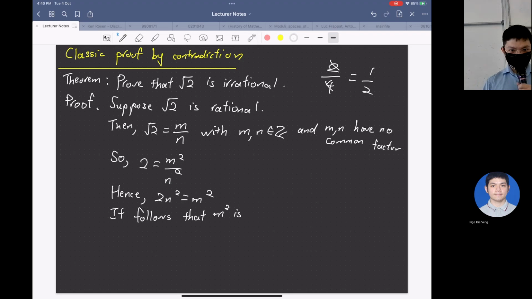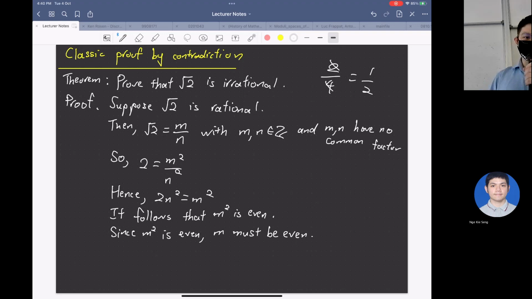m squared is even. So since m squared is even, m must be even. Anyone want to challenge this statement here? Since m squared is even, m must be even. I give you another 2 minutes.